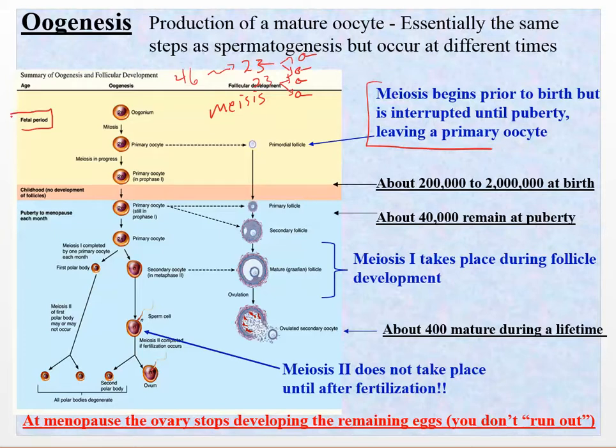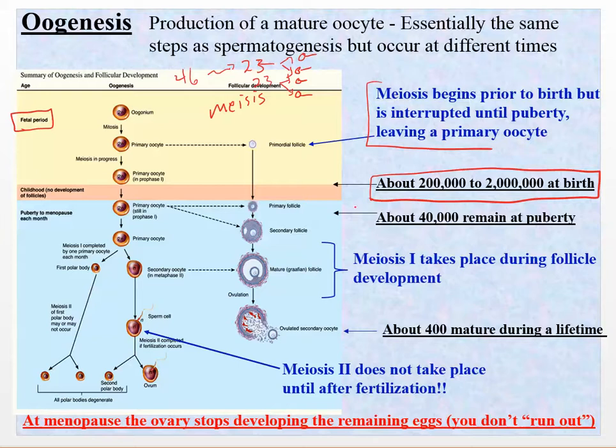At birth, there are about 200,000 to 2 million of these primary oocytes. They're not done; they haven't gone through the process yet, but they're committed. That's way more than are necessarily needed.